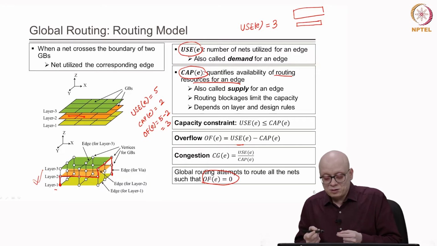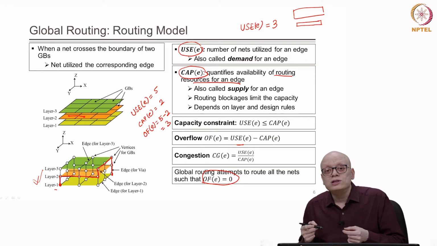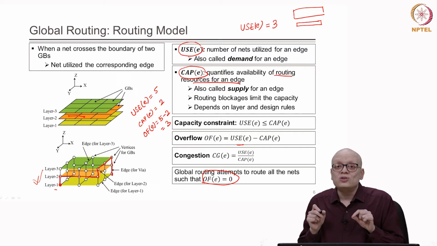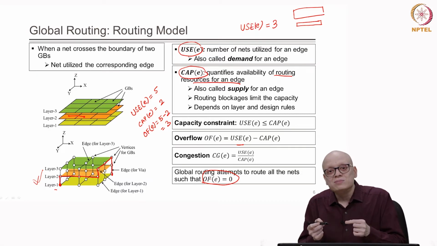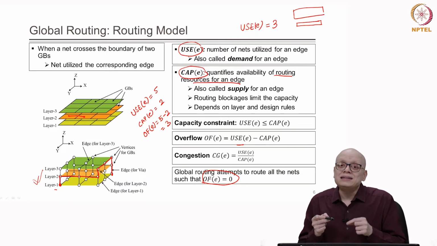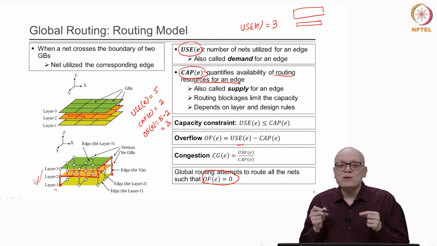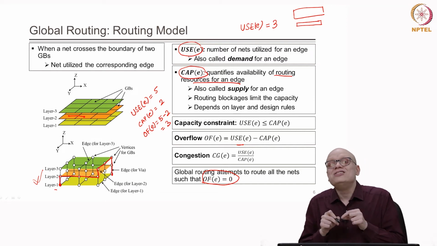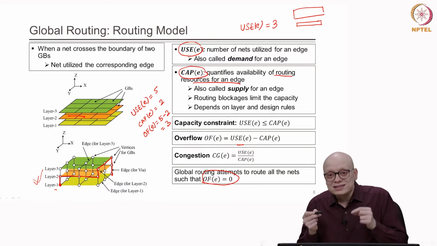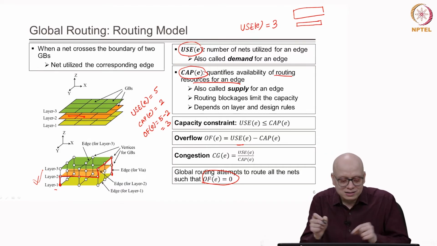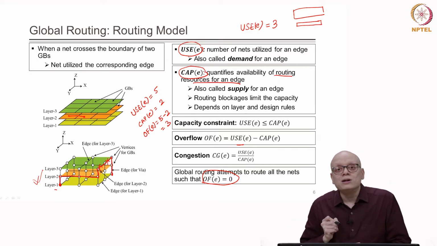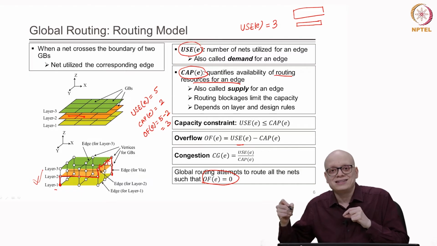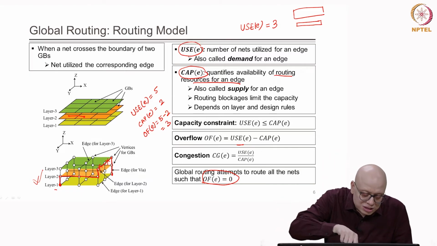Now, while trying to attain an overflow equal to 0, if the tool needs to sacrifice other QoR measures, for example timing, it can do that, because the more important thing for the tool is to find a feasible routing. So, for example, if the tool is finding a path and this path was broken, or the routing resources were not available because they were all used up by other nets, then it will look into other paths.